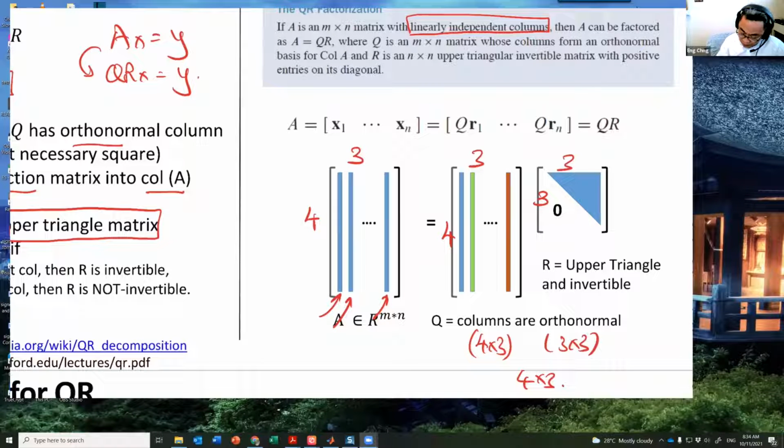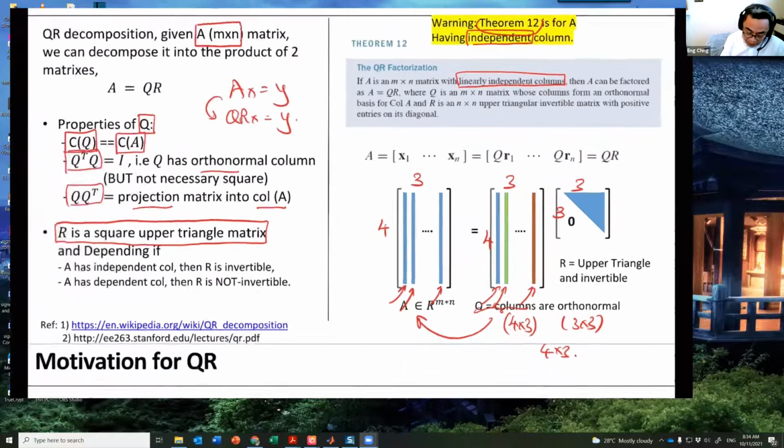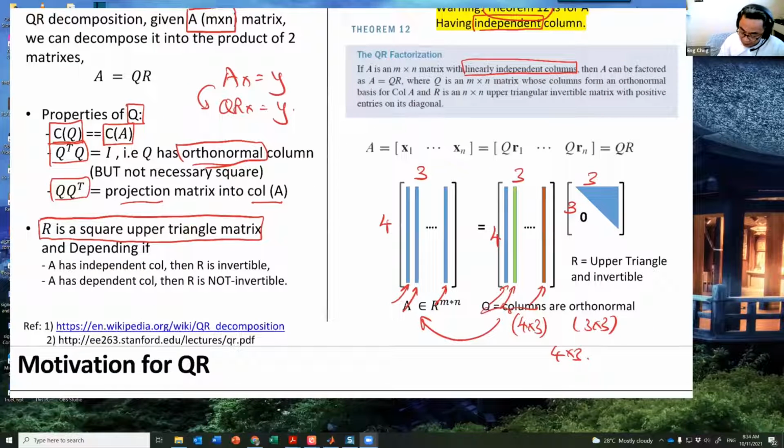Now, what's so special about Q is that all these columns are not the same as the columns on the left in A, but they span the same space. Not only do they span the same space, they are orthonormal columns, meaning that the norm, the length of each of these vectors, for example, let's call this Q1, the length of column 1 of Q is 1.